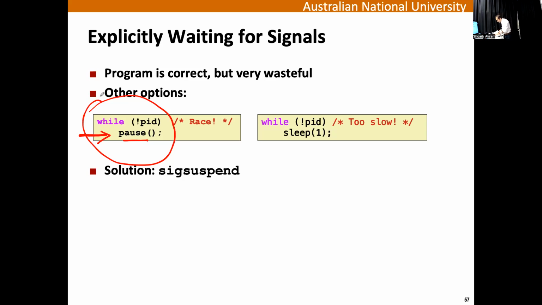Okay, but there is a problem. So you can think of pause as a sleep. The process is sleeping until a signal is delivered. So what's the problem with this while loop? After the while test, if you run the signal handler, what happens?